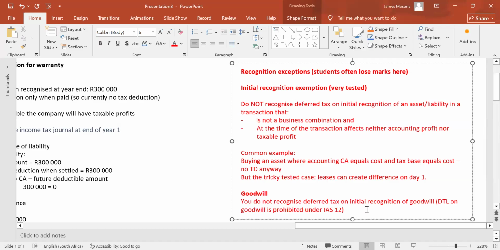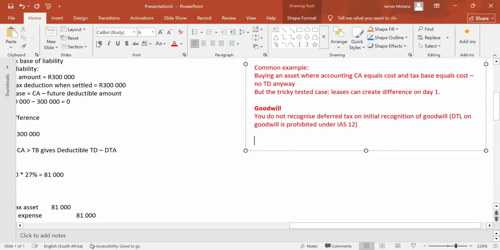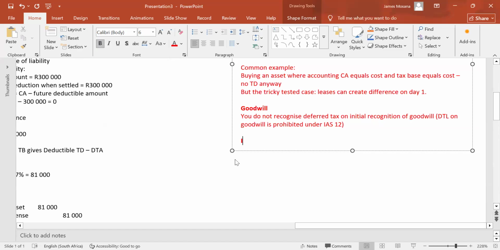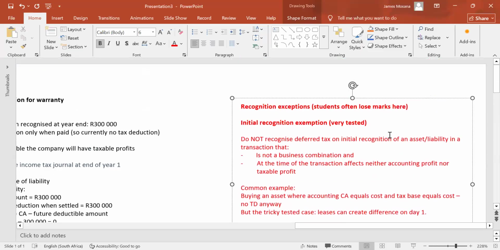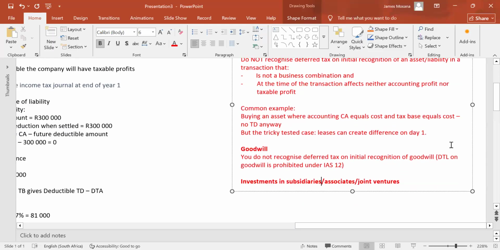Now, another case that you might get is with regards to investments in subsidiaries, associates or joint ventures, right? Also in this particular case, these are the exceptions.